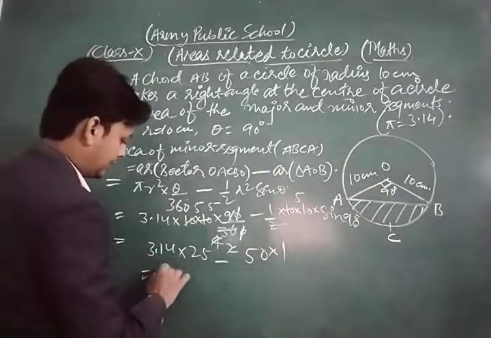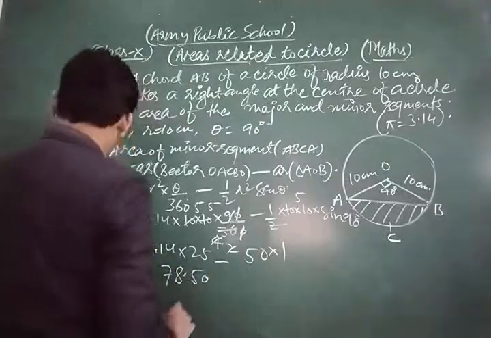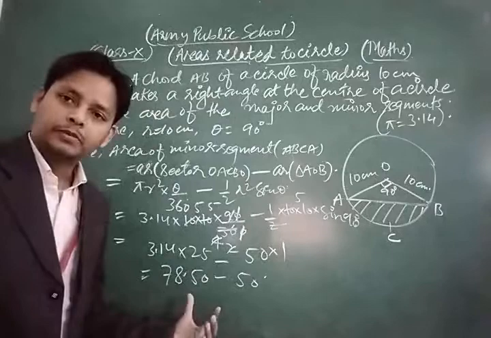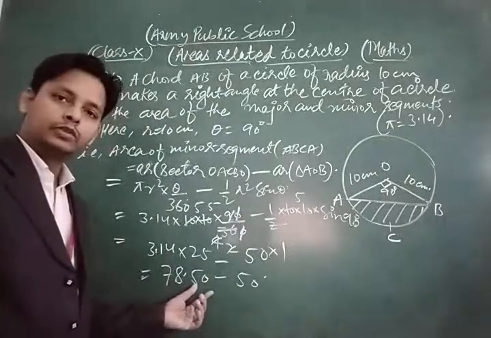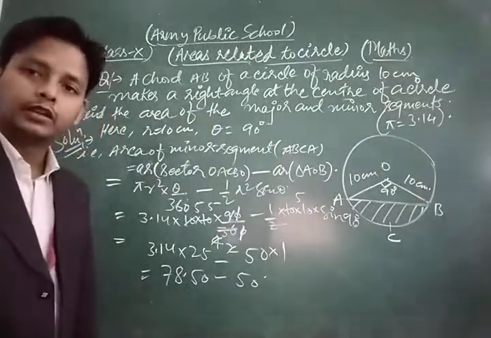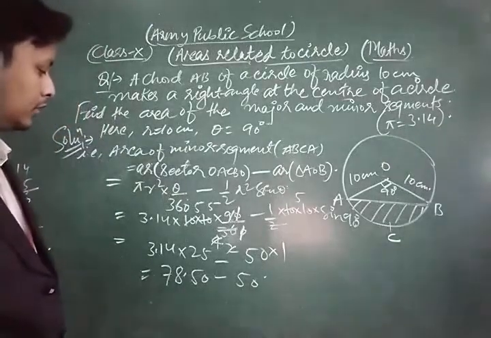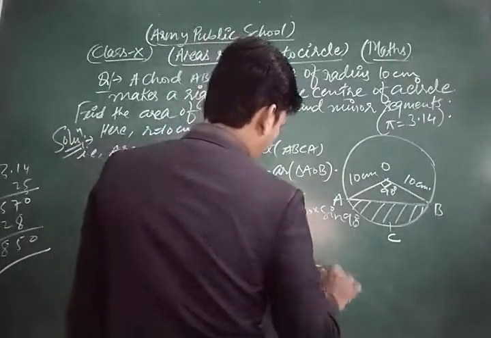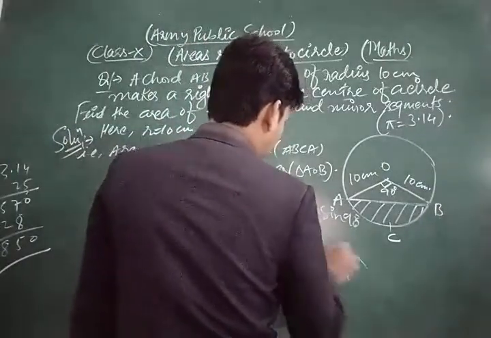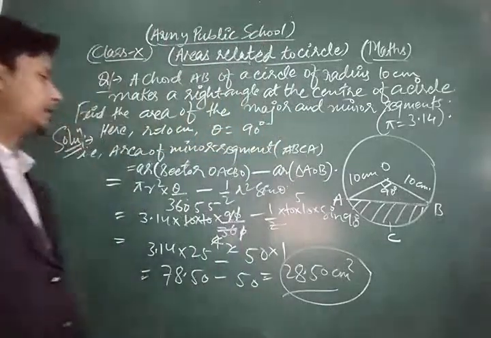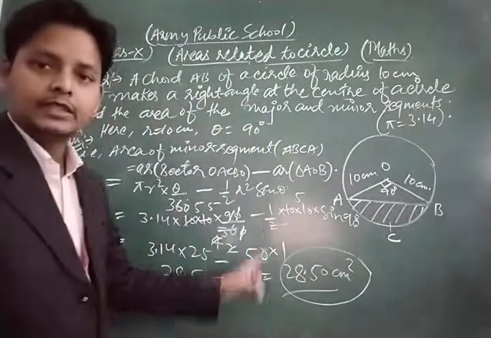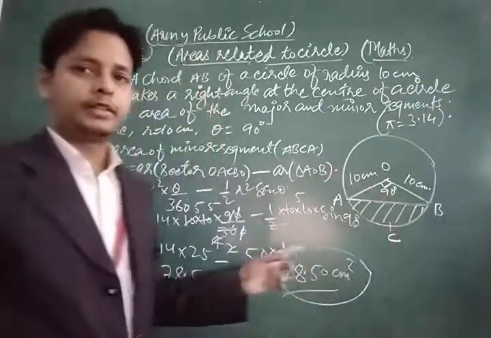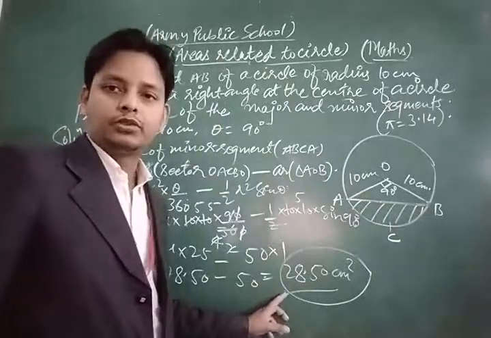This is 78.50 minus 50, so we subtract them. 78.50 minus 50 is 28.50 centimeter square. Dear students, this is the value of the minor segment. The area of the minor segment is equal to 28.50 centimeter square.